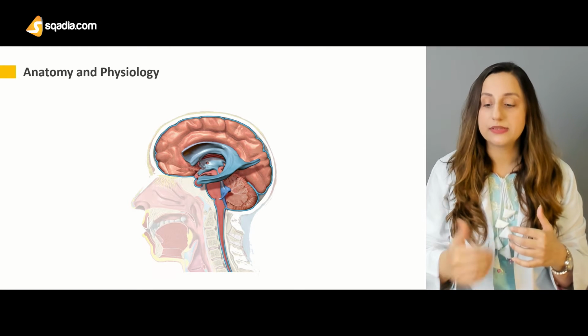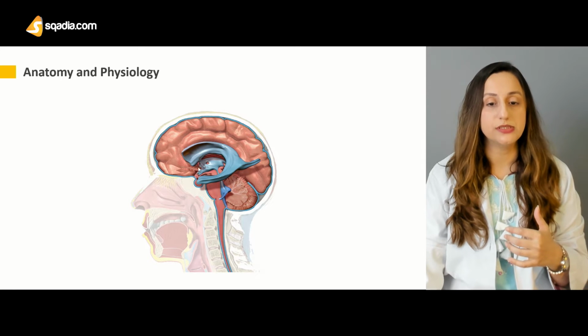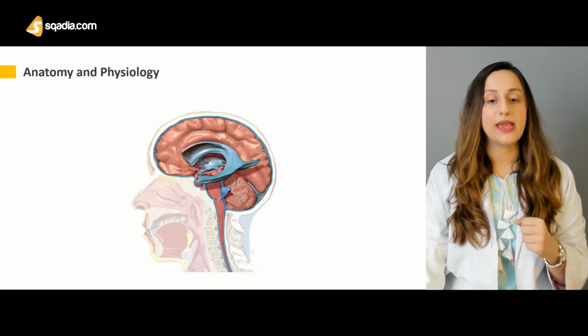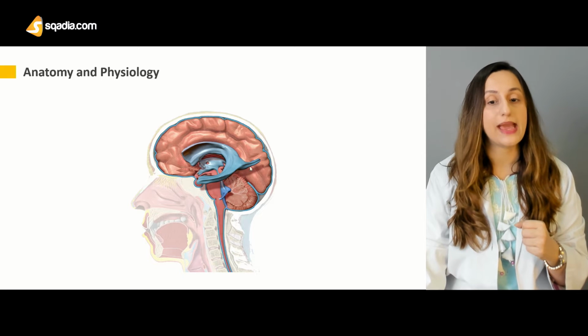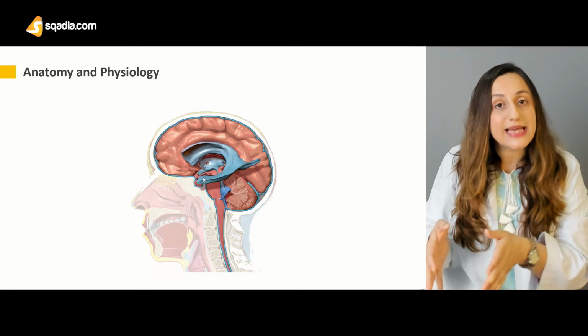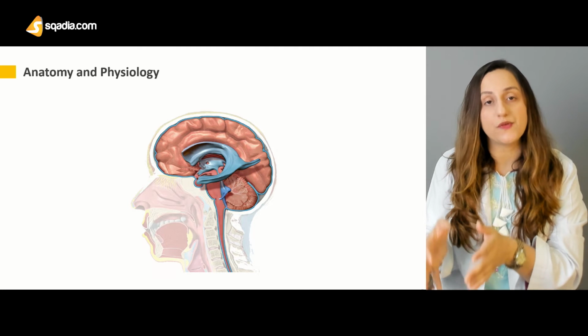We must remember that we have a lateral ventricle. As you can appreciate over here, this is a complete lateral ventricle. We have an anterior horn, a posterior horn, and a lateral horn, which is residing in the temporal lobe of the brain.